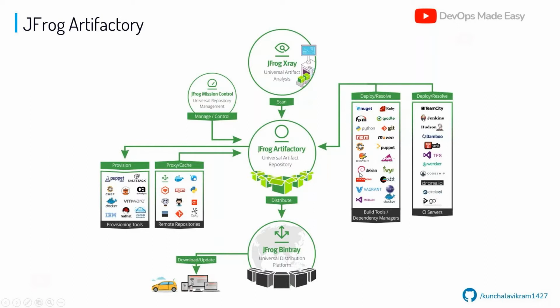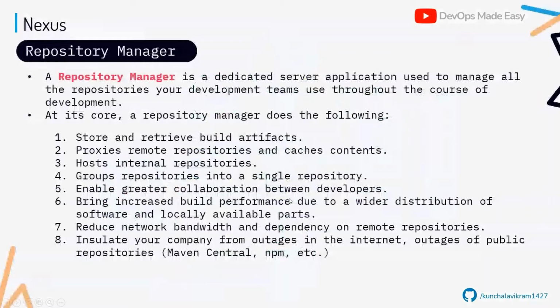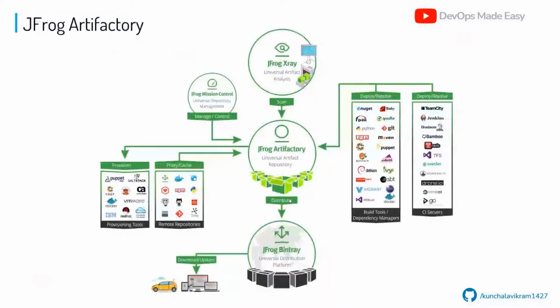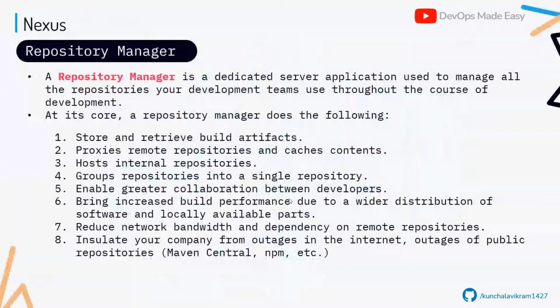Clear guys? So all these are called repository managers. JFrog Artifactory is a repository manager, and Nexus repository is also a repository manager. So why do we use a repository manager? It's easy to see the artifacts, configure users, add permissions, add roles.